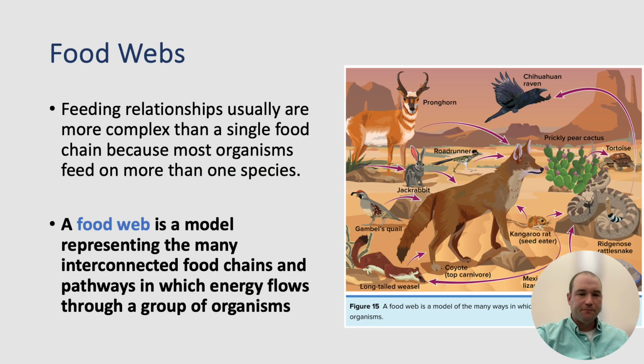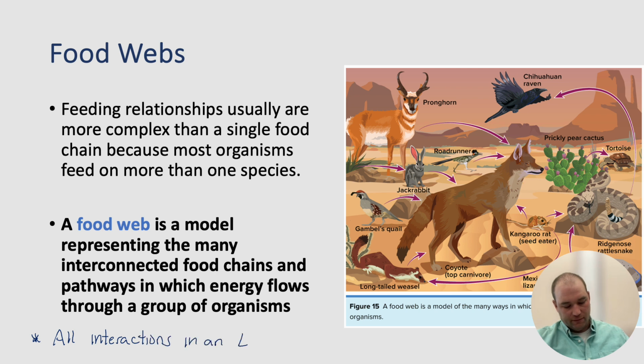And the problem is that this isn't always how ecosystems interact. Feeding relationships usually are more complex than just a single food chain because most organisms feed on more than one species. A food web is a model representing the many interconnected food chains and pathways in which energy flows through a group of organisms. In other words, this shows all interactions in an ecosystem.